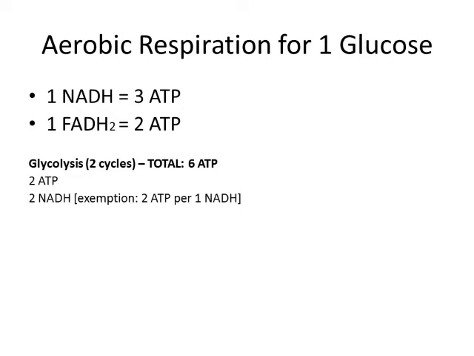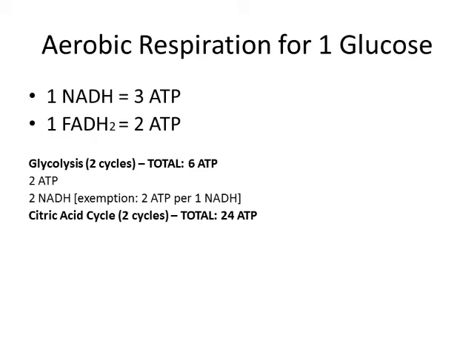In addition, you are losing 2 ATP because you have to use 2 ATP to begin the process of glycolysis. As an exception to the rule, the 2 NADH produce 2 ATP each, since this is in the cytoplasm, not in the actual mitochondria. So you have 4 ATP plus 4 ATP for glycolysis, and then minus 2, you would have a total of 6 ATP.